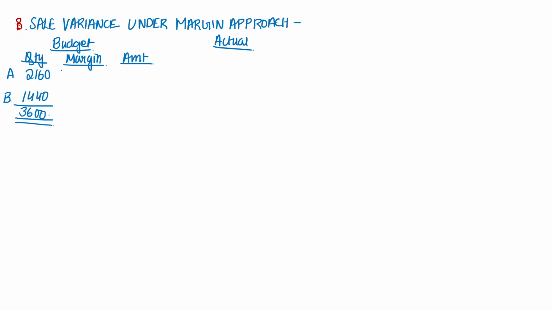Yeah, so 12 minus 9, that is 3, and 5 minus 3, that is 2. Multiply. 2880. Add.